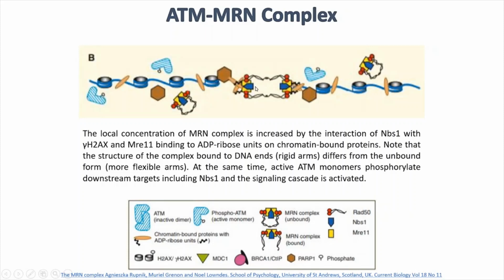And the ATM dimer then sits on the NBS1 protein and is phosphorylated to form ATM active monomers.